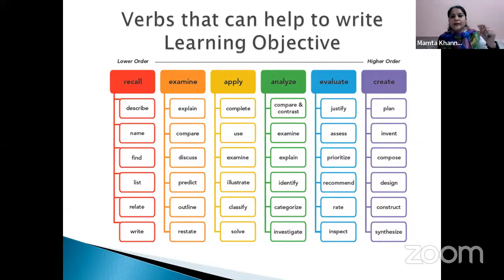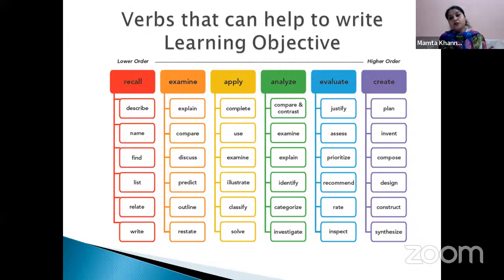Like recall: a student will be able to recall, or name, the living and non-living things. If we move ahead to examine: the student will be able to explain the meaning of, maybe, photosynthesis. Student will be able to discuss, outline or apply. If you say the student will be able to use, use the knowledge and apply it in real life.